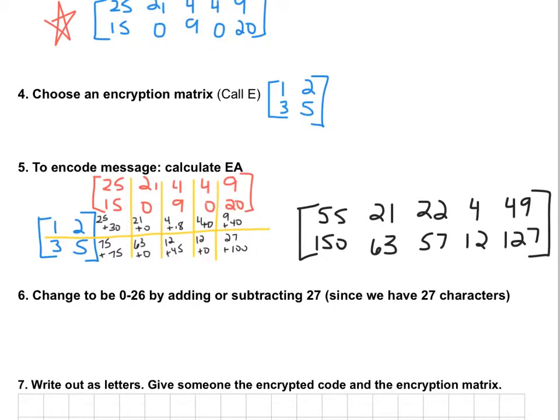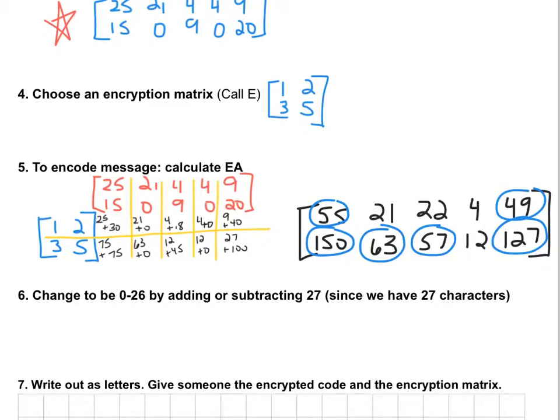But my numbers only went up to 26 and 27 characters if I include the space, which I need to do. So anything that's not from 0 to 26, so the 55, 150, 63, 57, 49, and 127, I need to get to be back in between 0 and 26.